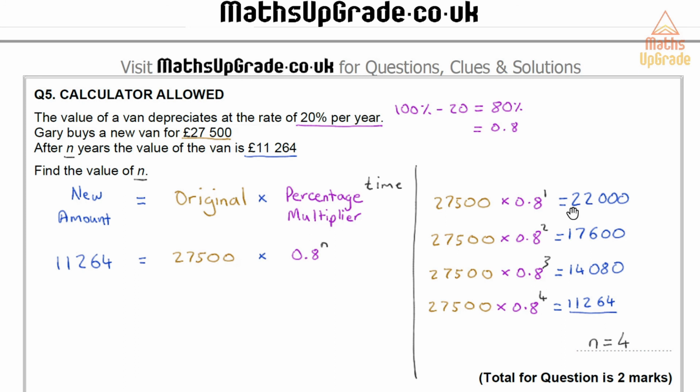So if you press equals once, it'll be 22,000. Press equals a second time, 17,600. A third time, 14,080. Press equals a fourth time, and it comes up with this value that we're given here, 11,264. In other words, after 4 repeated uses of that multiplier, we get our value. So that represents 4 years. N equals 4. That question there was worth 2 marks.